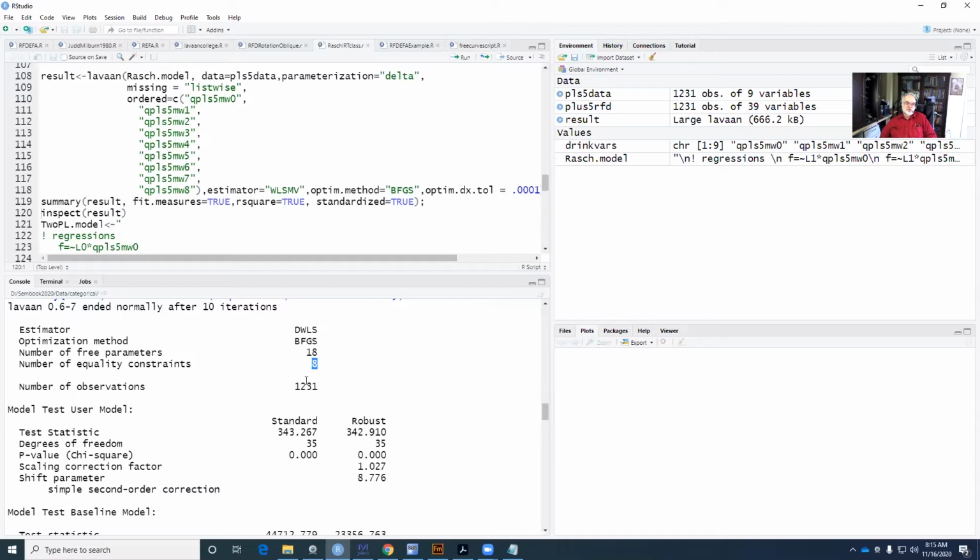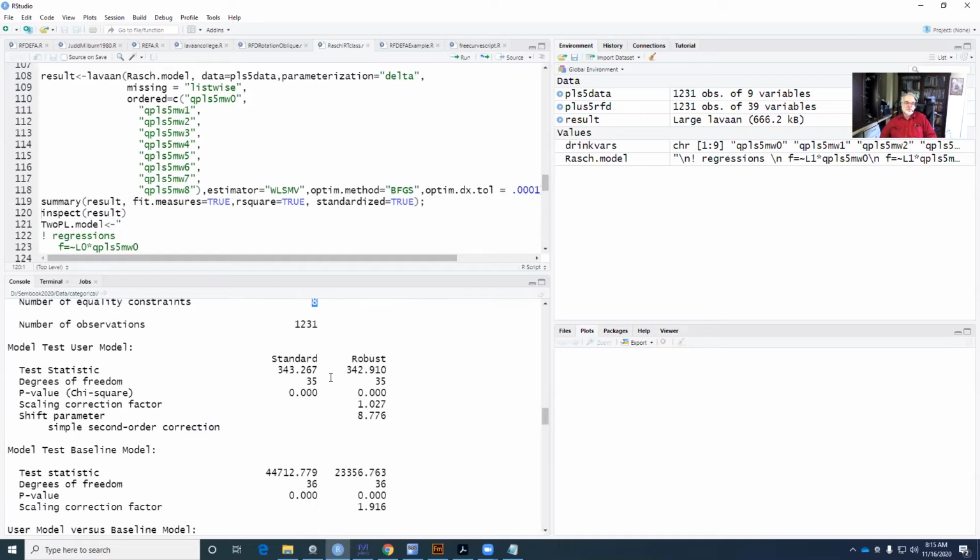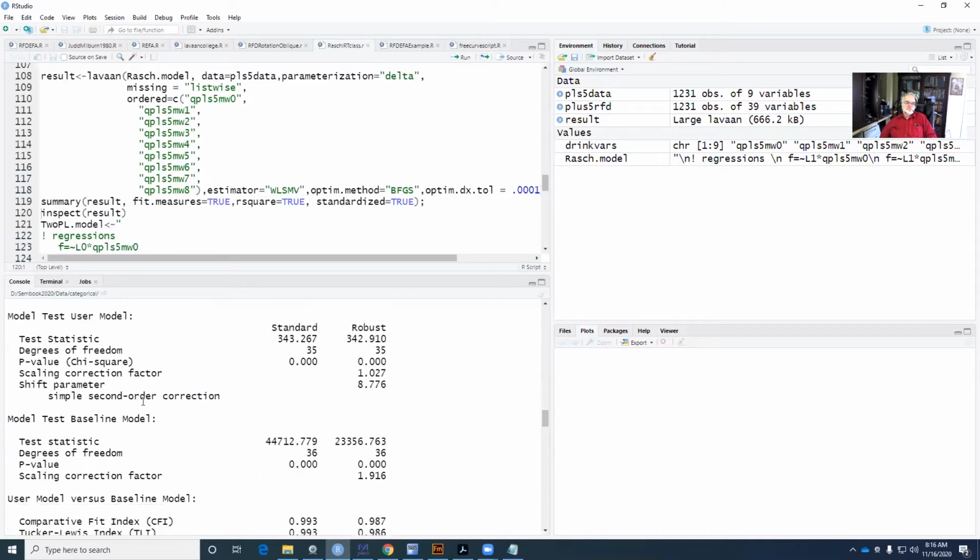For some reason, lavaan keeps track of our equality constraints. This is the regular chi-square statistic. And I don't really think a person should even put that in a printout, because the one you want to use is the robust chi-square statistic over here, because you want to adjust for the fact that these are categorical variables.